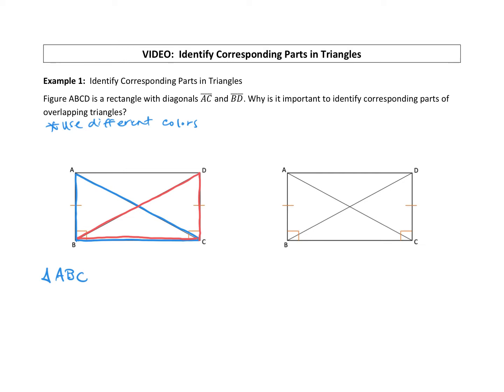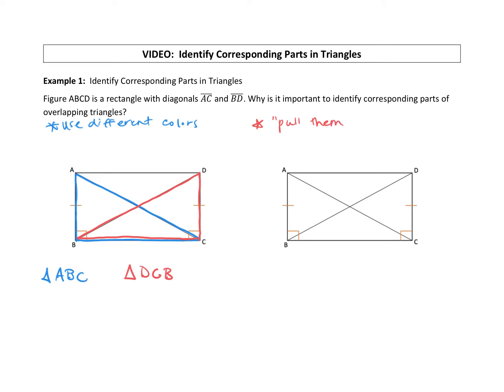It helps you to ignore parts of the picture. Like we're not going to talk about side AD at all because we're focusing on these triangles that I just outlined. So that triangle we just outlined is triangle DCB.